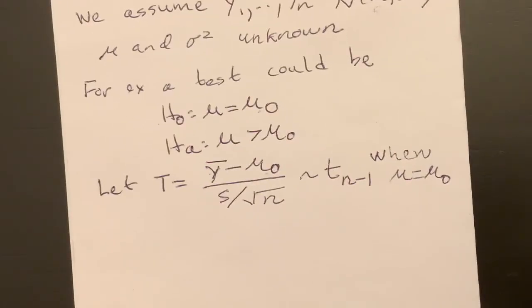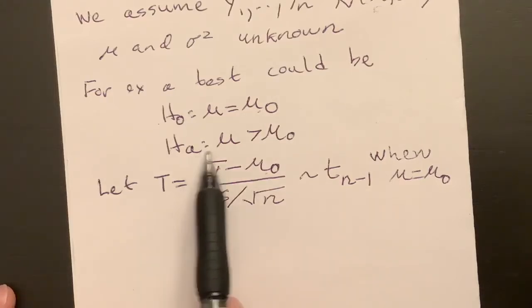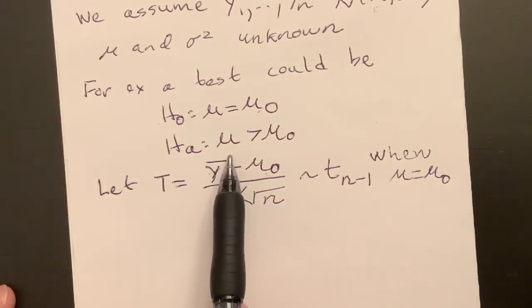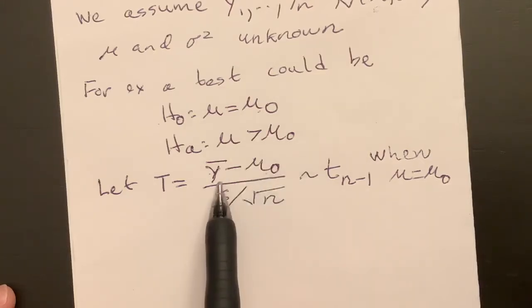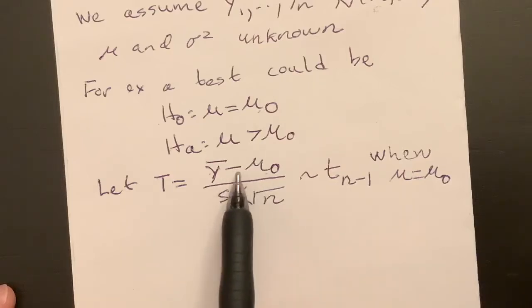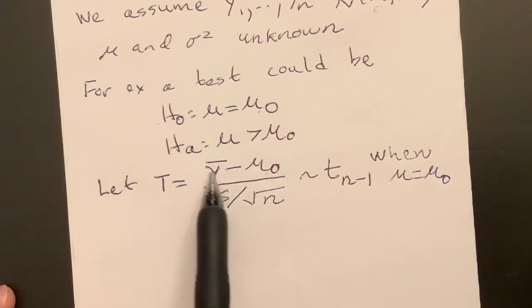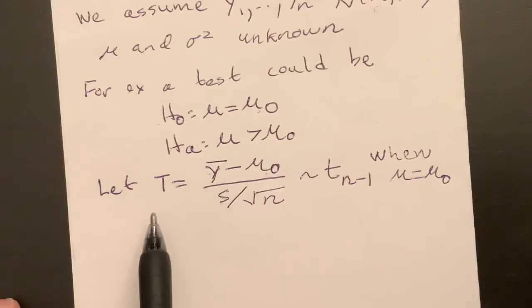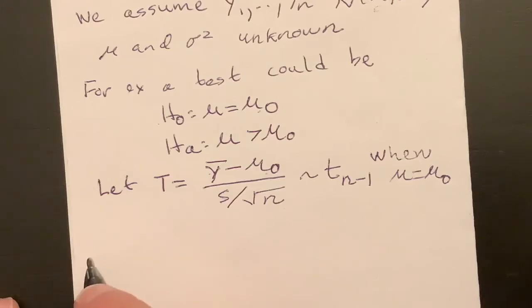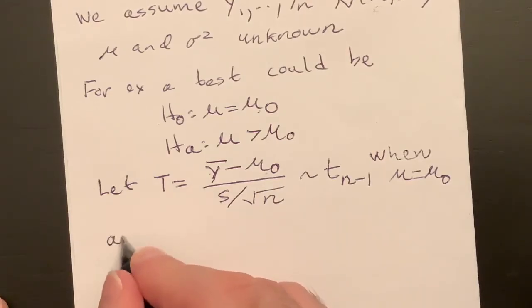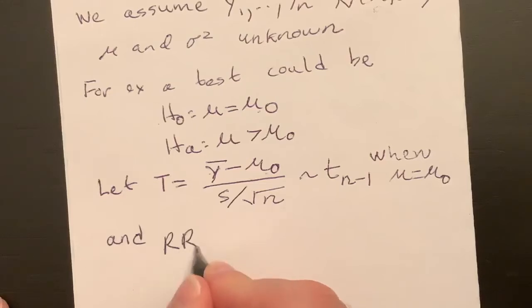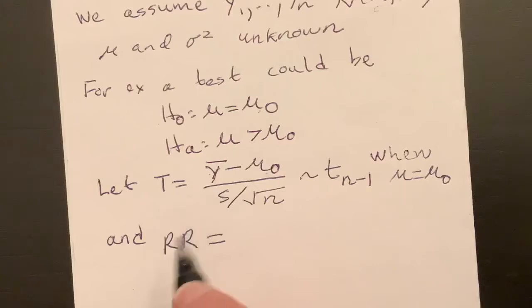So we let t equal this. Now I want to reject when I have evidence that mu is bigger than mu 0. This will be when y bar is sufficiently bigger than mu 0. When y bar is bigger, t is bigger. So we can look at a right tail rejection region for the transformed variable t.